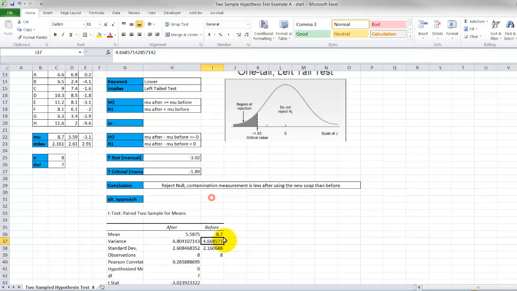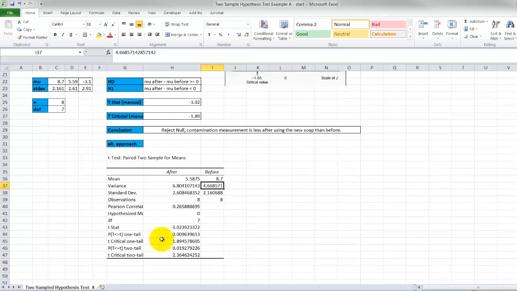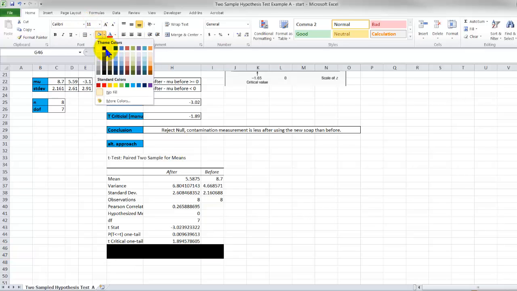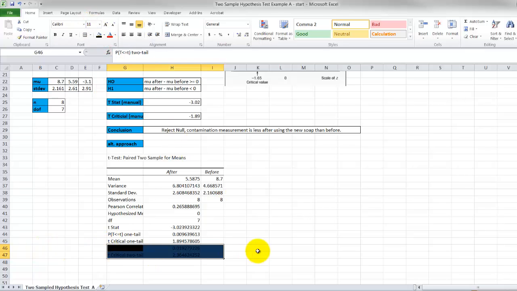What I would recommend is that if you know you're dealing with a one-tailed, just block out this information so you don't look at it, because we're not analyzing a two-tailed situation. Excel doesn't know that. Excel didn't have a field that says, are you testing one-tailed or two? So we have to know what tail we're testing and then interpret the right results.